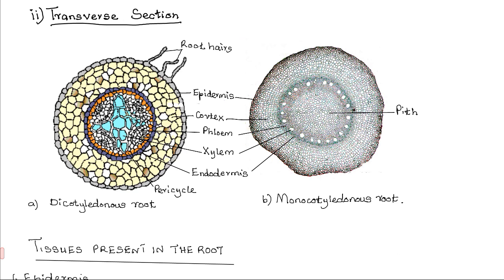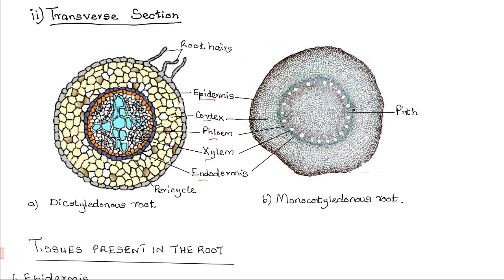The tissues present in both monocotyledonous and dicotyledonous plants are the epidermis, cortex, phloem and xylem, and endodermis. But the arrangement and pattern of distribution varies depending on whether it is a dicotyledonous root or monocotyledonous root.